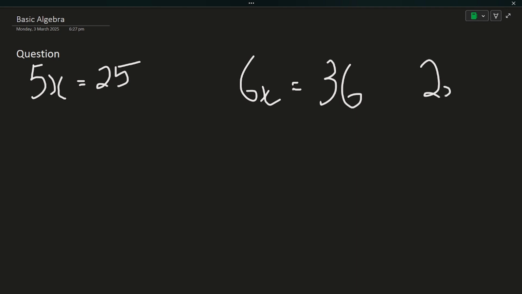2x is equal to... This is not that hard, guys. You can definitely do this. I made sure that most of the answers are similar in a way.